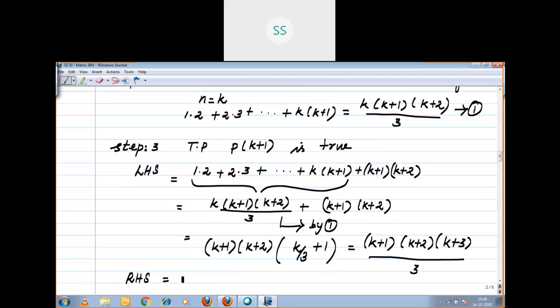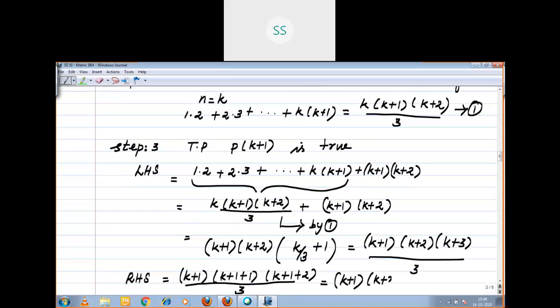Now you pass on to the RHS, the general P of n. That is n into n plus 1 into n plus 2. Here n can be replaced by k plus 1. So k plus 1 into k plus 1 plus 1, k plus 1 plus 2.